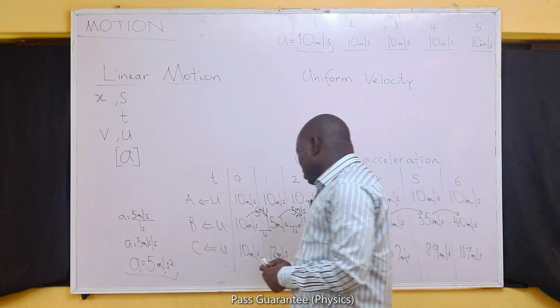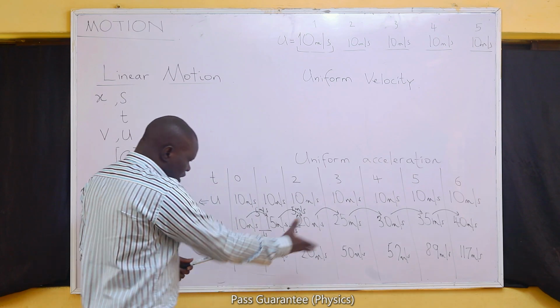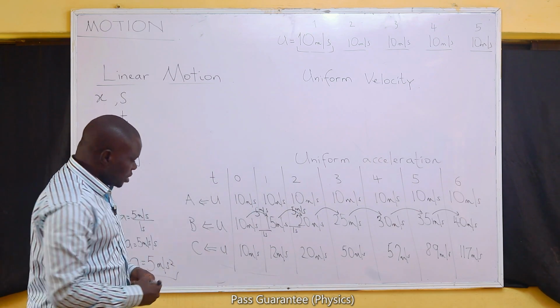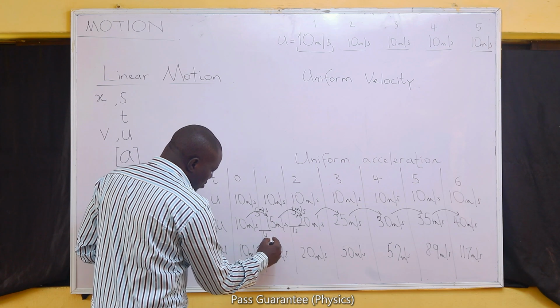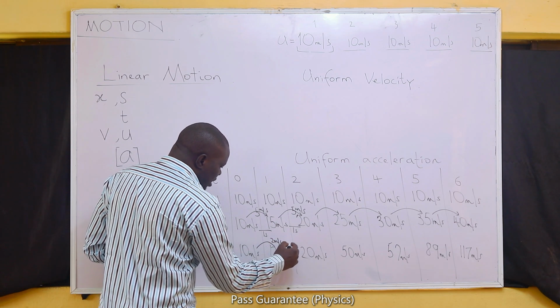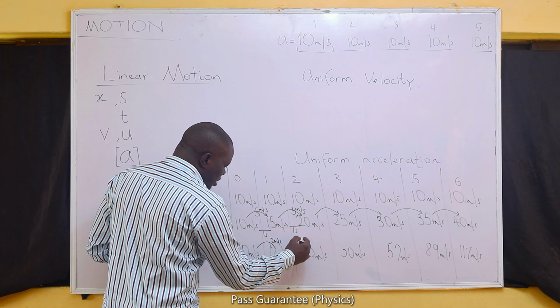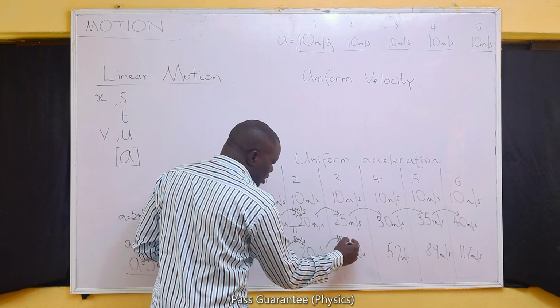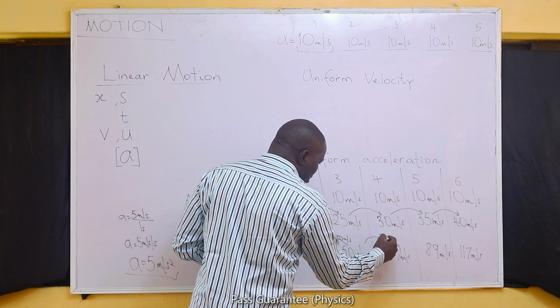Now, let's check the motion of C. C is also accelerating, yes, because its velocity is changing. The first time it changed by 2 meters per second, then it changed by 8 meters per second. Then it changed by 30 meters per second. Then it changed by 7 meters per second.